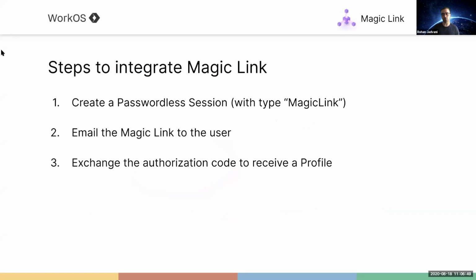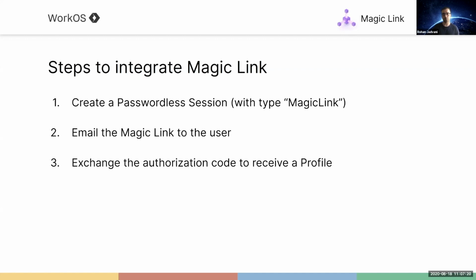So it comes down to 3 really simple steps. The first thing is, a user is going to arrive at your application. You want to create a passwordless session for this user. And all this is going to do is represent a one-time, unique, short-lived token that can be confirmed to authenticate your user. After you've generated this passwordless session, the next step is to take the confirmation URL and then send this over to the user.